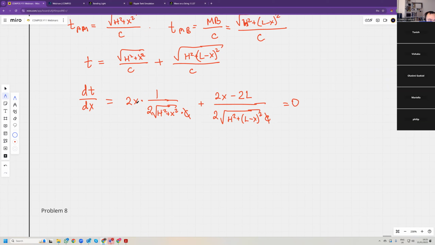I can cancel the c's, I can cancel the 2's. I get x over square root of h squared plus x squared plus x minus L over square root of h squared plus L minus x squared equals 0.